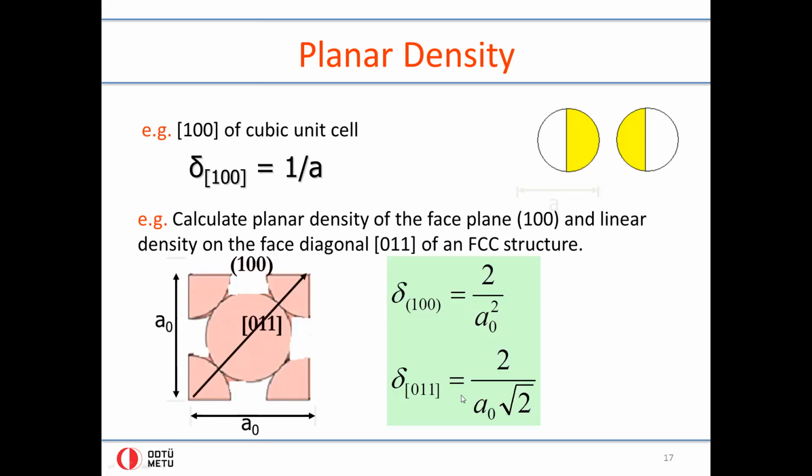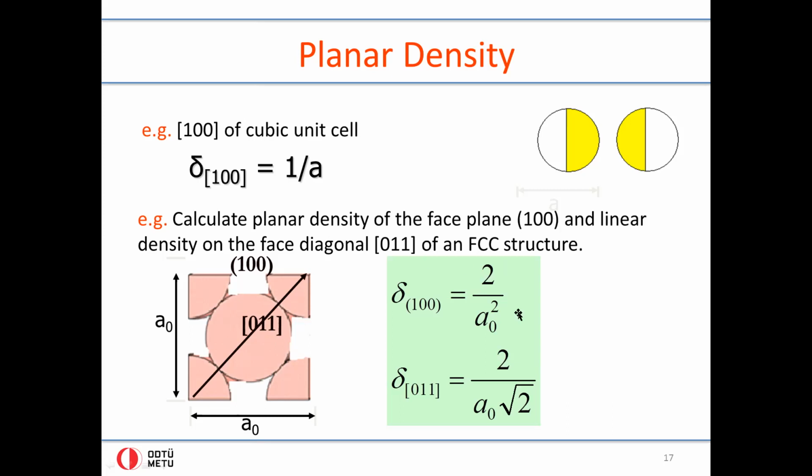And the linear density within a plane is dependent on the direction chosen. So you could change the question slightly, and ask for the linear density of some other direction within the face plane 1, 0, 0, which would be a different question.